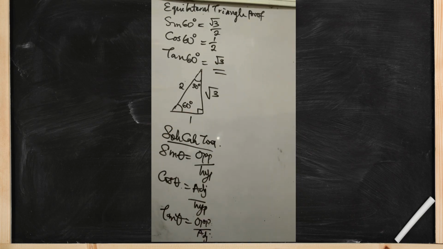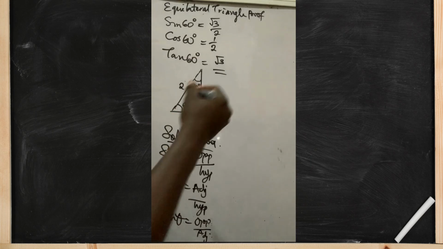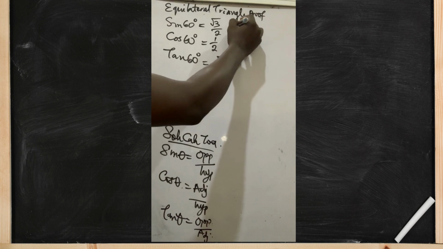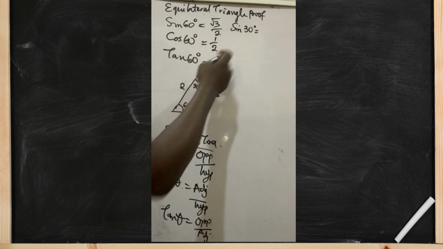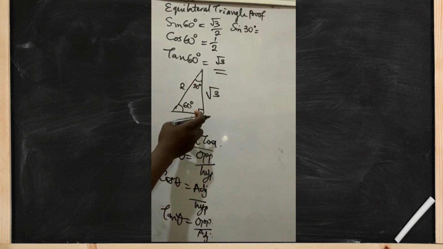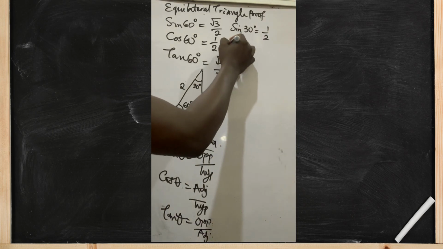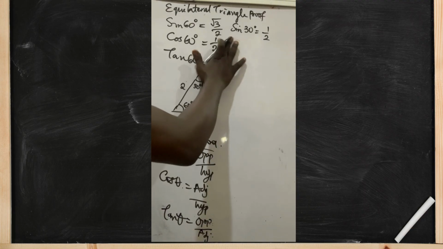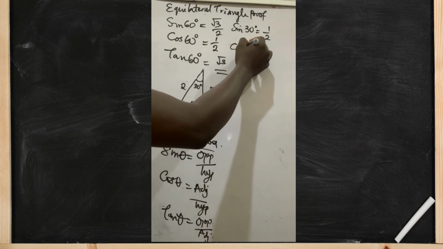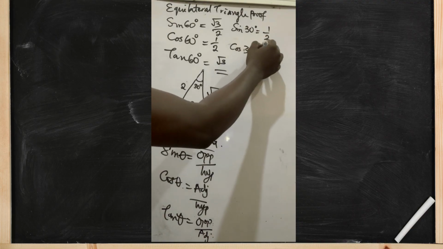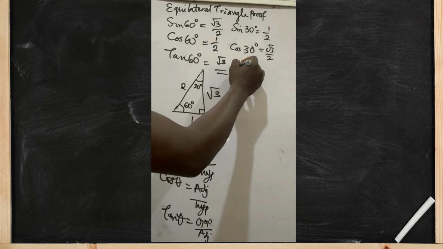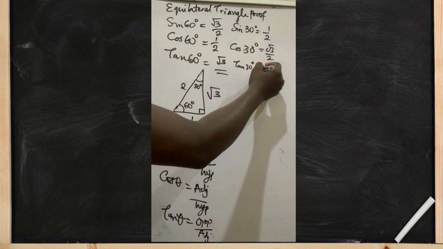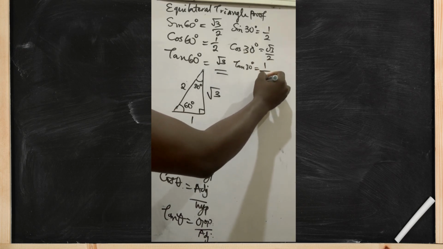So with this, we can see that it's a very simple thing for us to do. And in order for you to appreciate it better, let's quickly run through this. Sine 30 is 1 over 2. Cos 30 equals root 3 over 2, and tan 30 equals 1 over root 3.